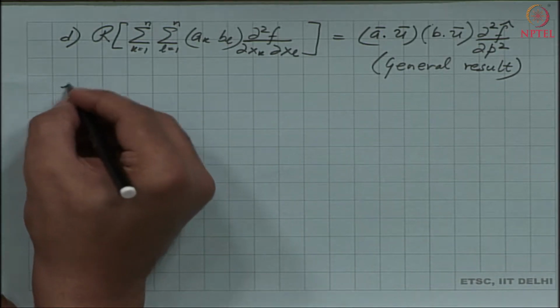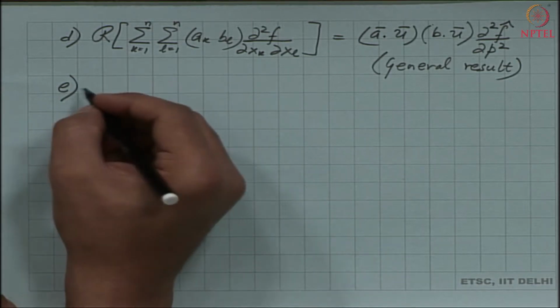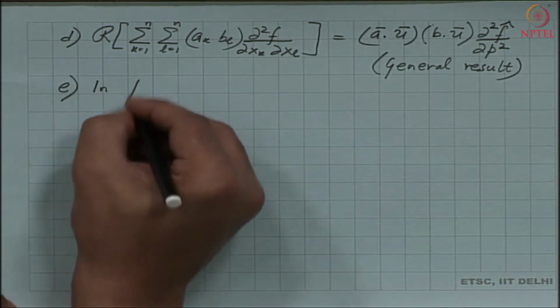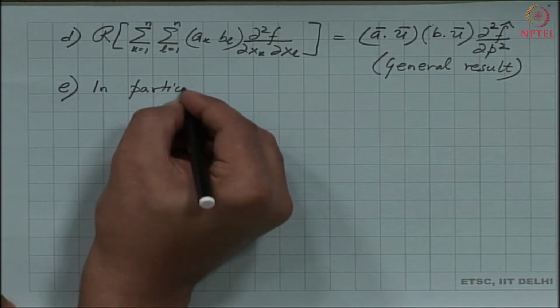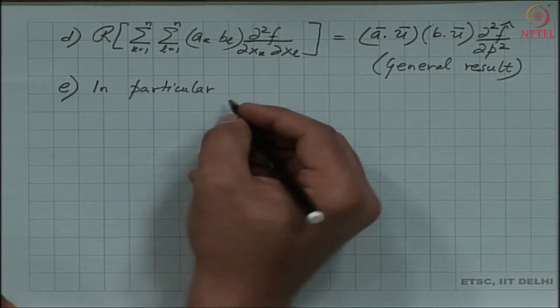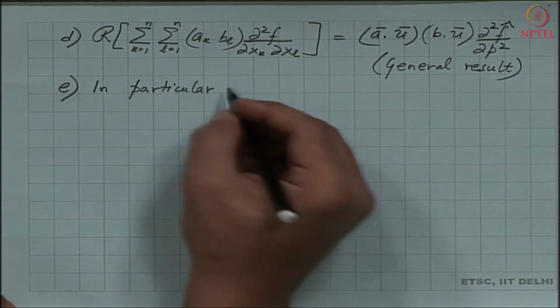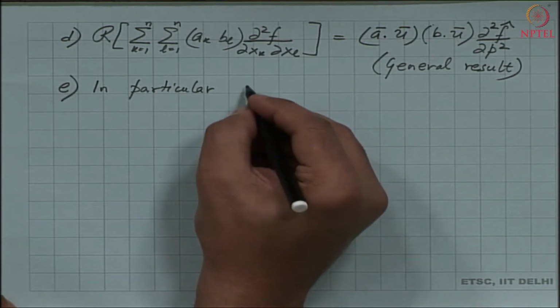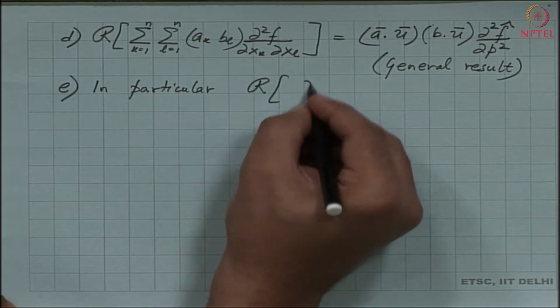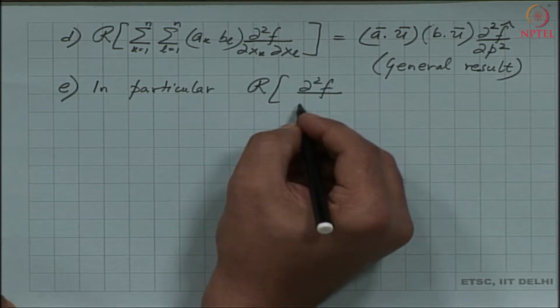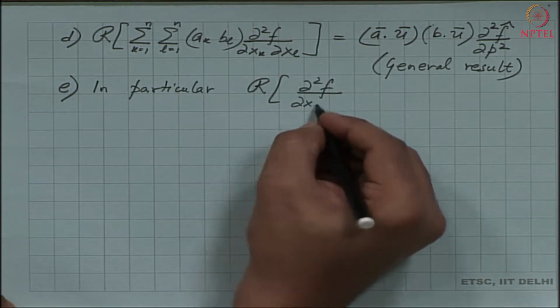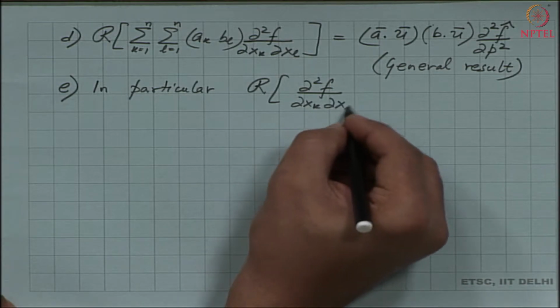let me just look at a specific case of this part D. So, in particular, suppose I need to evaluate the Radon transform of the second derivative of f with respect to x k and x l.